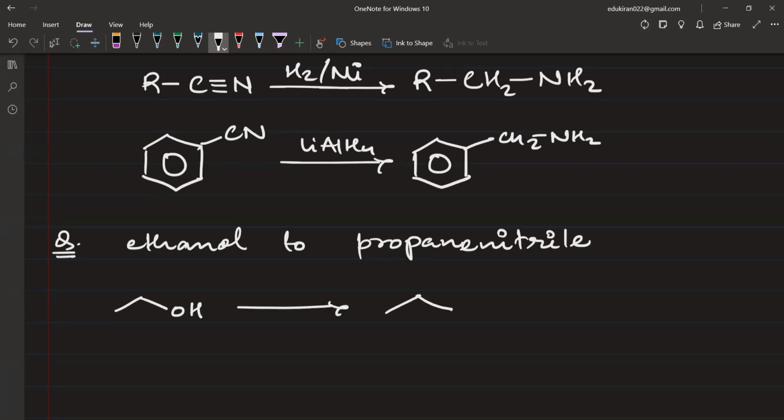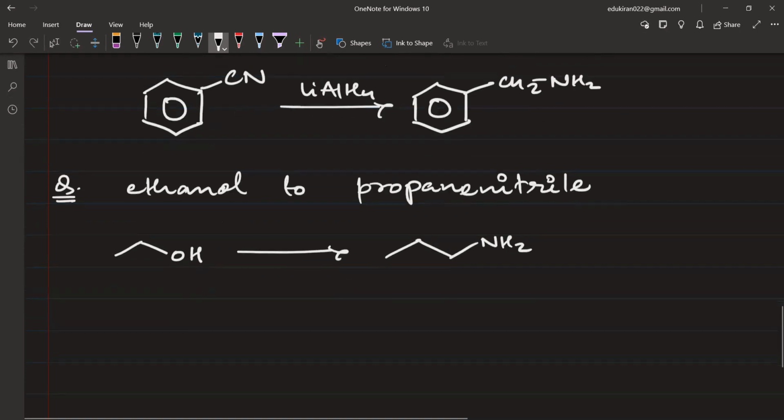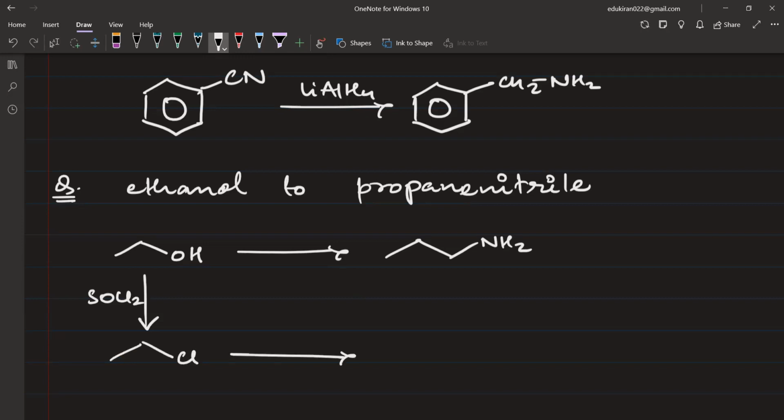Here we need 3 carbon atoms, and then here you have NH2. For this, we will start with SOCl2, converting this OH to chlorine. After that, we will do the reaction with KCN.